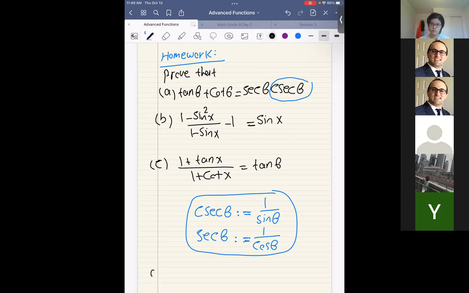Okay, and part D, cosine of x over 1 plus sine x is equal to secant of x minus tangent of x.